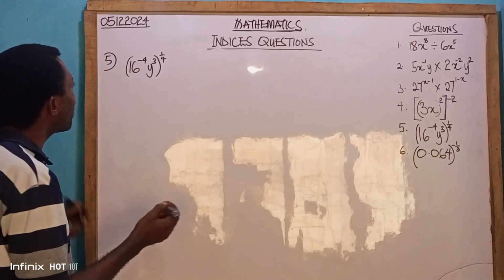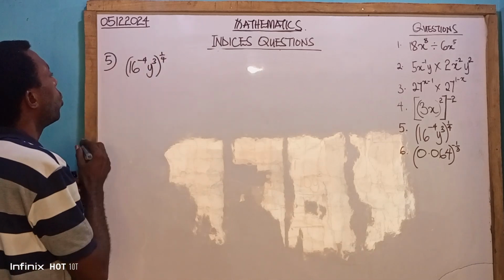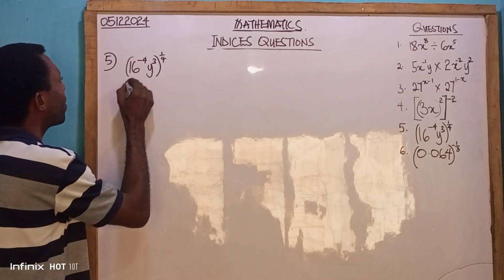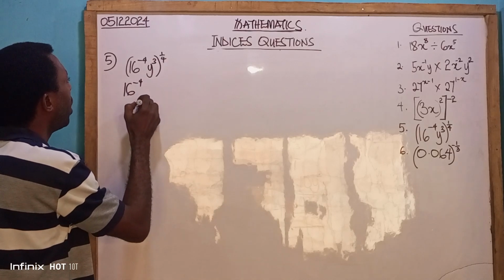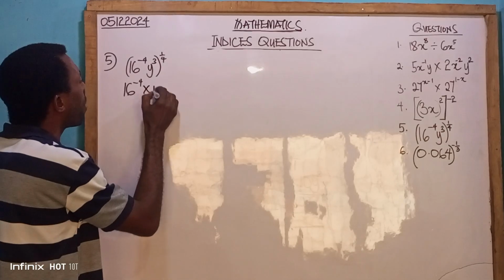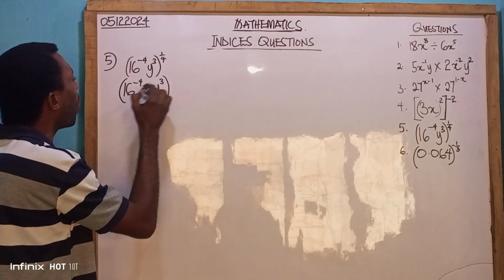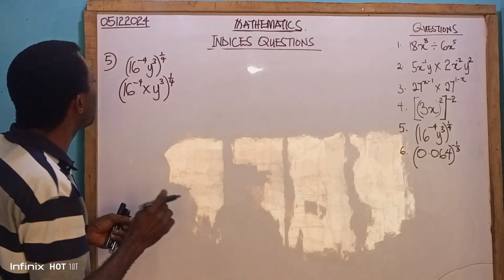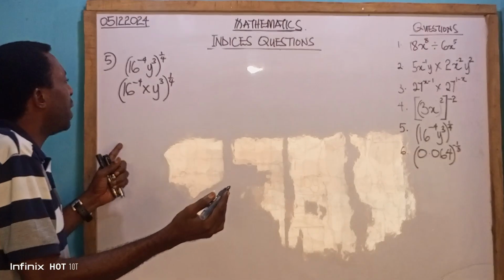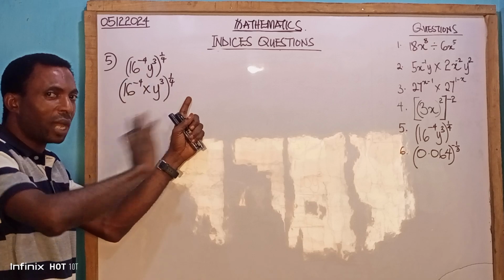The first thing is that you will first work on this, which will give you 16 raised to power minus 4 multiplied by y raised to power 3, all to the power of 1 over 4. You can do it by separating first, or you can use the last power to work it out directly.